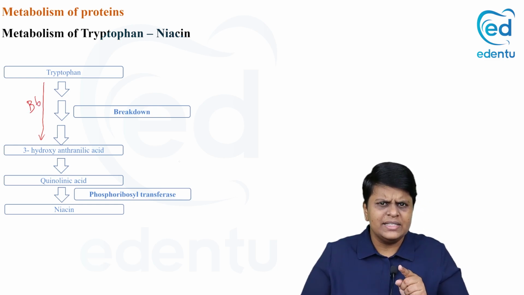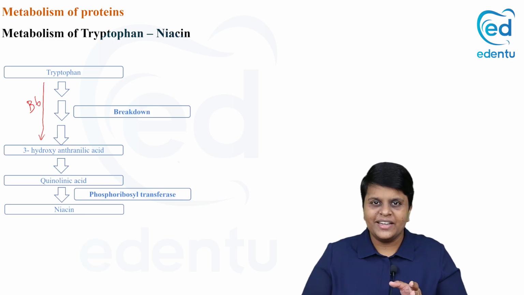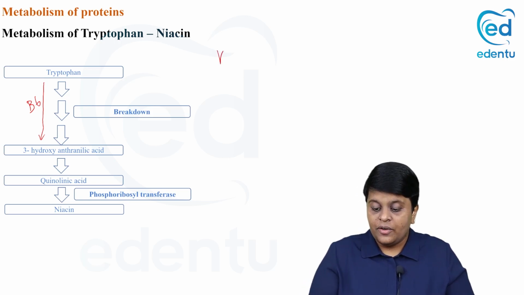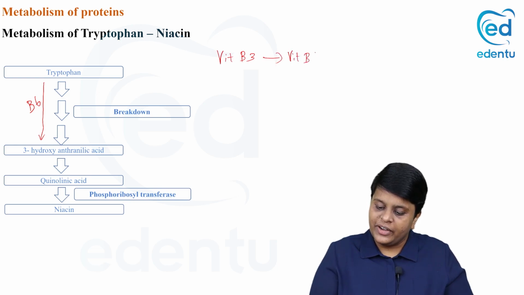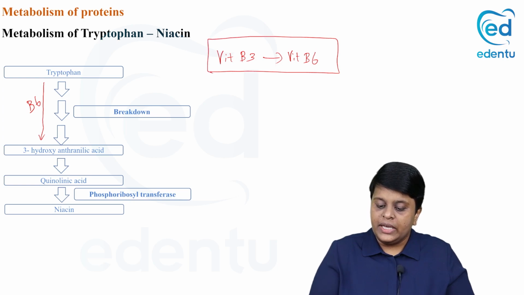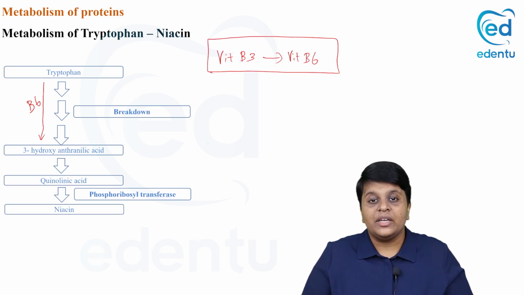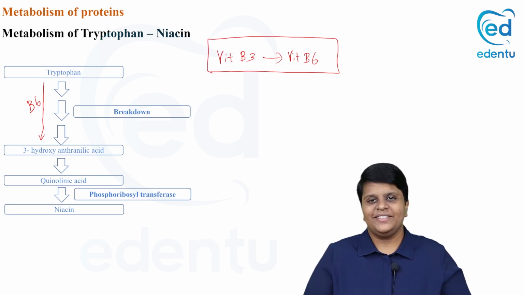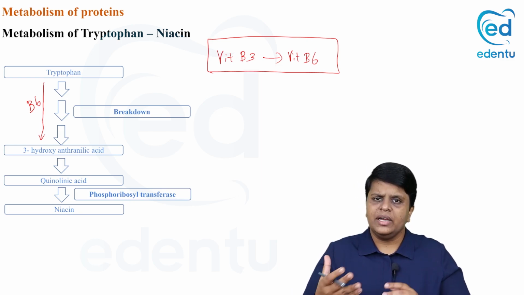Kynureninase, that enzyme required vitamin B6, right? So here you can see one vitamin synthesis requires another vitamin. Okay, so vitamin B3 or niacin synthesis requires vitamin B6 or pyridoxine. And this is a very commonly asked MCQ question.